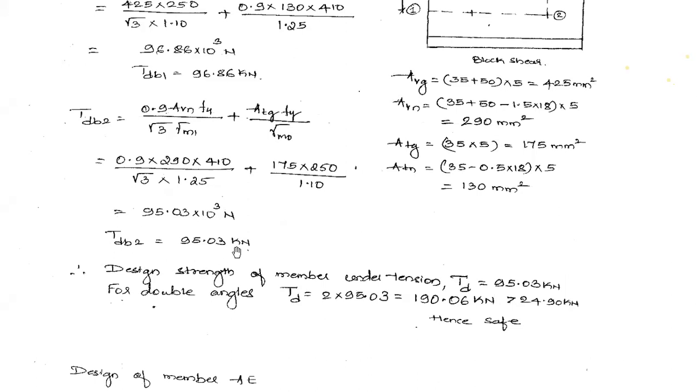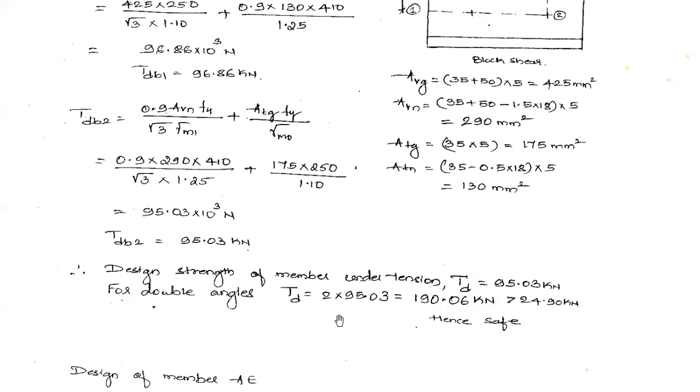When I compare block shear strength, rupture strength, and strength in yielding, out of these three the least is 95.03. So the design strength under tension is 95.03, which is still more than the tension to which this member is subjected.